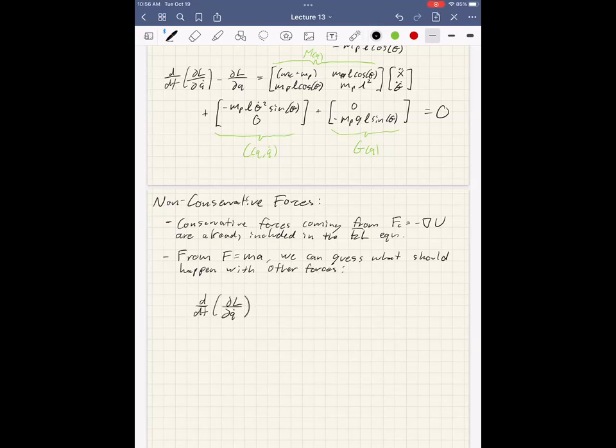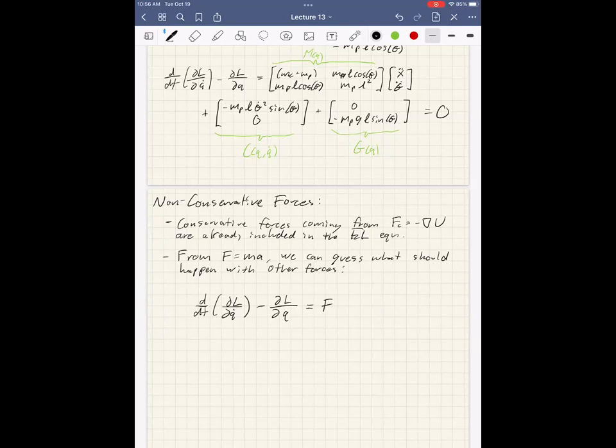Remember, this is basically MA, and this guy is basically the conservative force term. If I move it to the other side of the equal sign, it would literally be minus grad U on the other side. So that's telling you I can stick whatever forces I want on the other side, as long as the units work out and they're units of force. So I can stick my non-conservative forces over here.